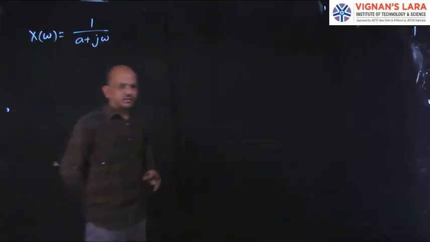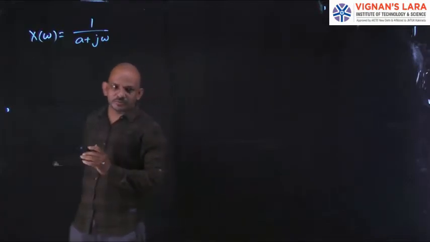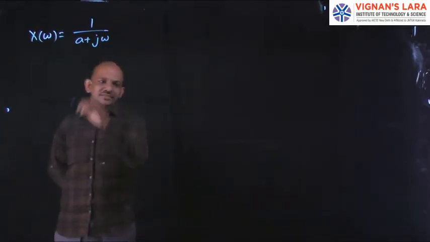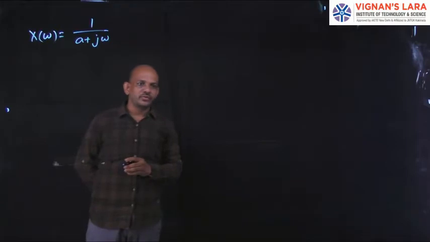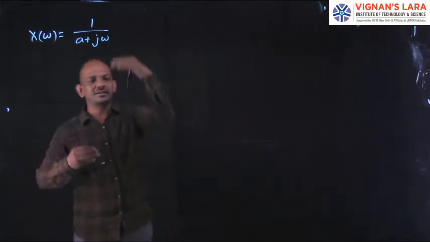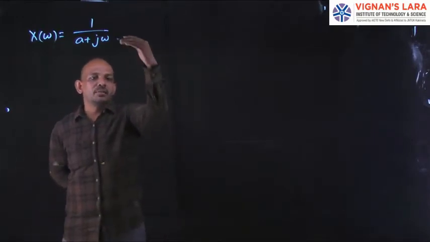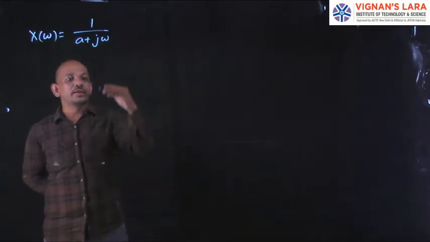Okay. Now I have to find out the magnitude spectrum and phase spectrum. So for that I am multiplying this equation with a minus j omega, both numerator and denominator.